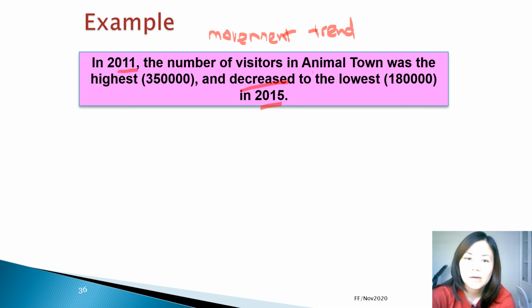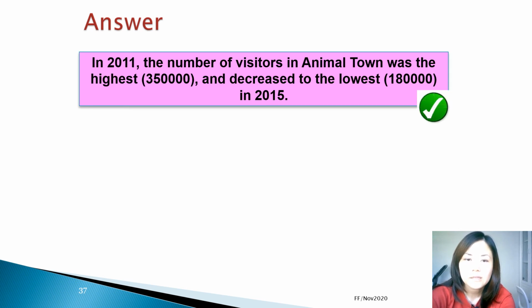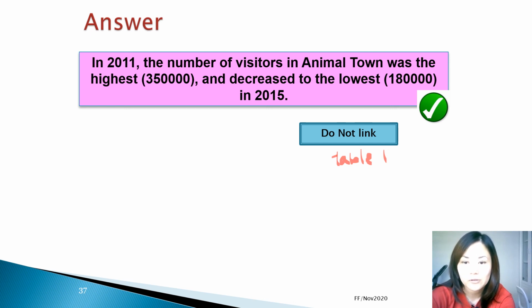Why? It is accepted because you do not link to the table. When you do not link to Table 1, you can talk about the movement trend. So you can score for the highest, decrease, and the lowest. Right? 3 analysis, 3A.